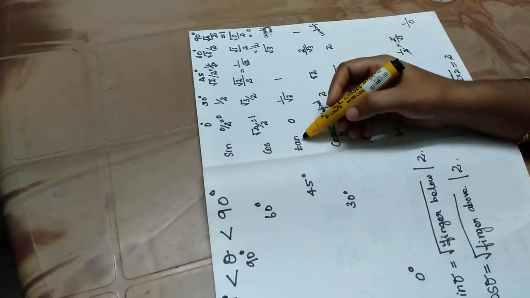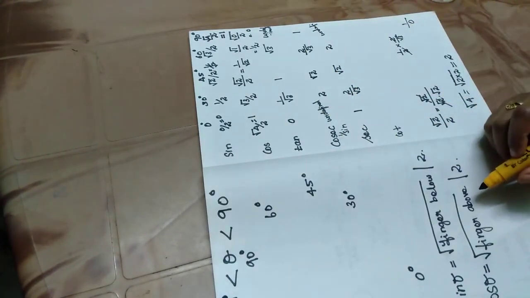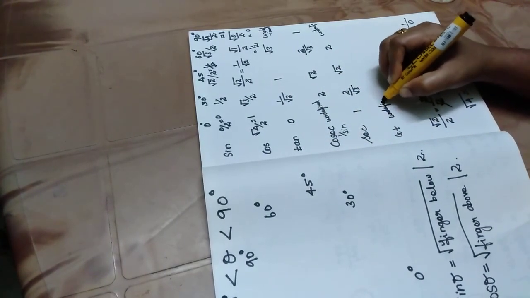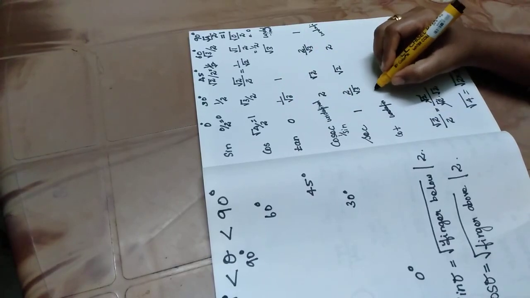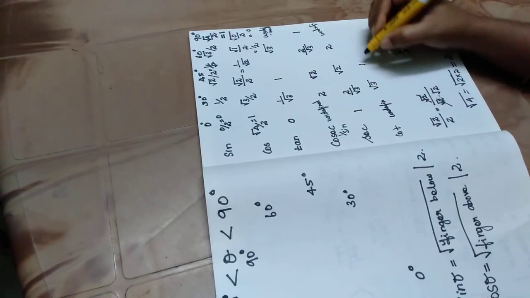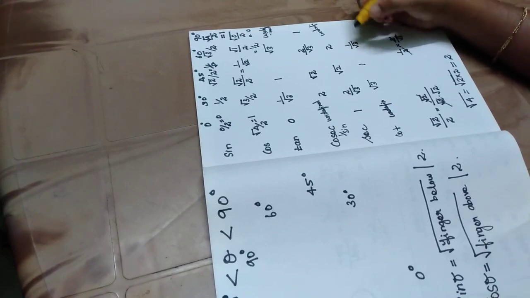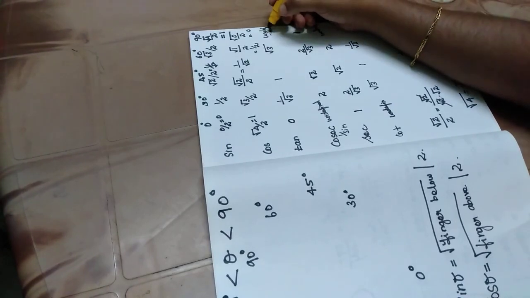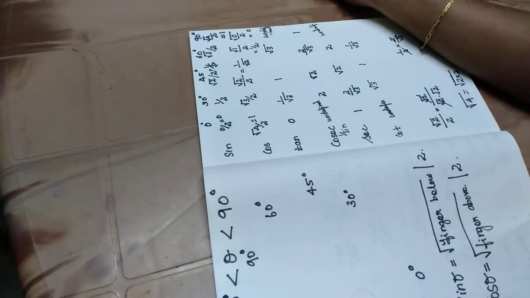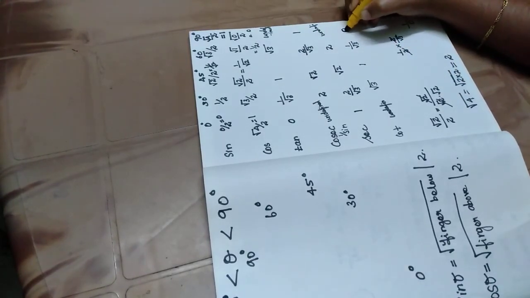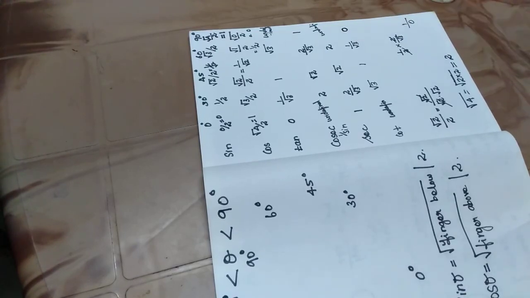Finally, cot theta means, yeah, 1 by tan value. So 1 by 0, undefined. Now, yeah, root 3, 1 by root 3, isn't that? So already it is undefined means we don't know that, isn't that? Okay.